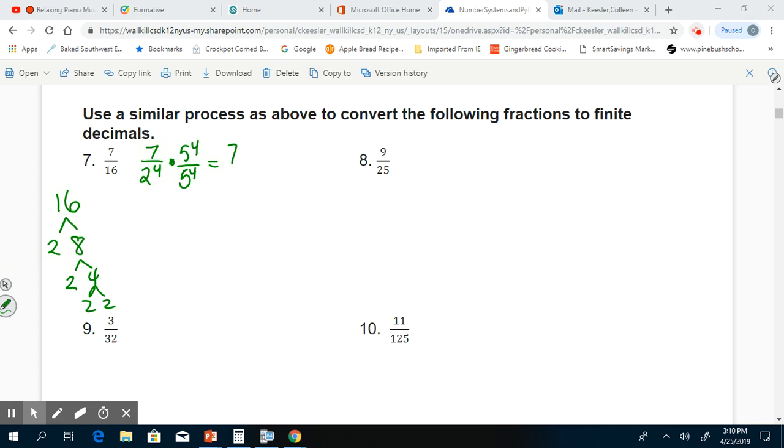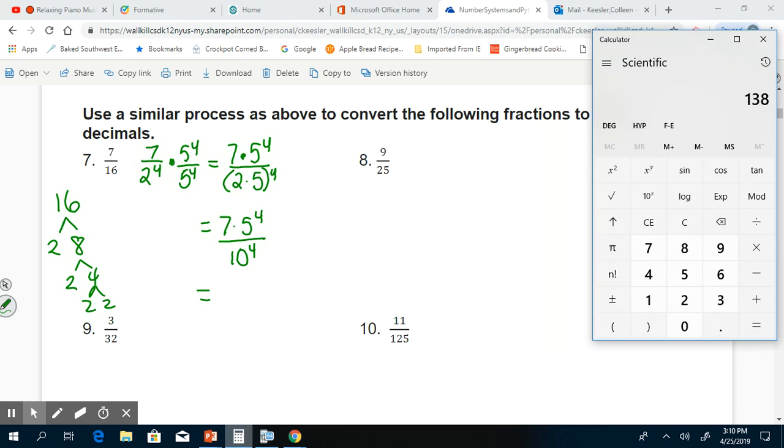So then I have 7 times 5 to the 4th over 2 times 5 to the 4th, which is 7 times 5 to the 4th over 10 to the 4th. So now I can use my calculator, and I can do 5 times 5 times 5 times 5 for 5 to the 4th, which is 625.